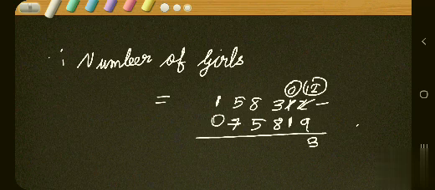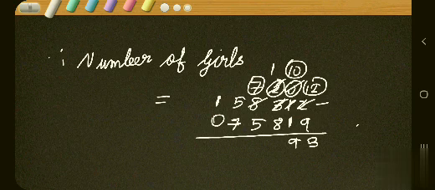No, we can't. So what we have to do? Again, we have to borrow. On borrowing, 3 becomes 2 and 0 becomes 10. Okay, 10 minus 1, 9. Again, can we subtract 8 from 2? No. So please again try to borrow. 8 becomes 7 and 2 becomes 12.